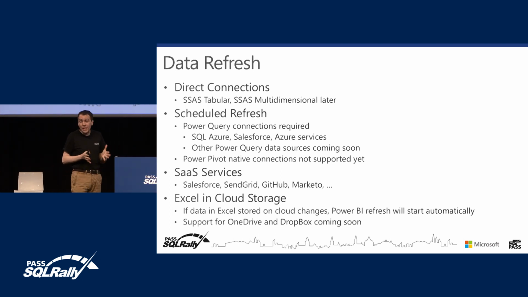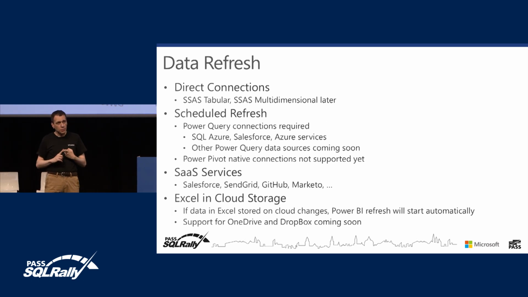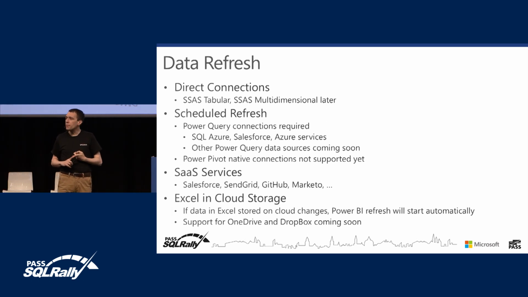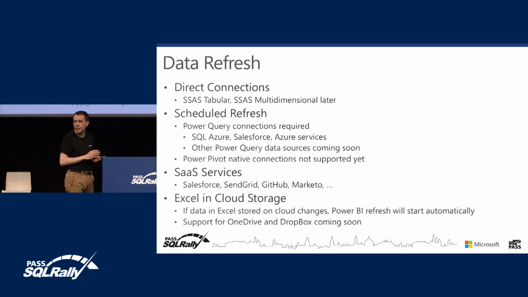Today, there are many limitations. If you upload a Power Pivot data model, it only refreshes data sources that you created with Power Query. So if you directly get data from SQL, like I did before, it will not be able to refresh. But this should work because this is supported in the current version of Power BI for Office 365, so it will be supported here too. But today, in the preview, it is still not supported.